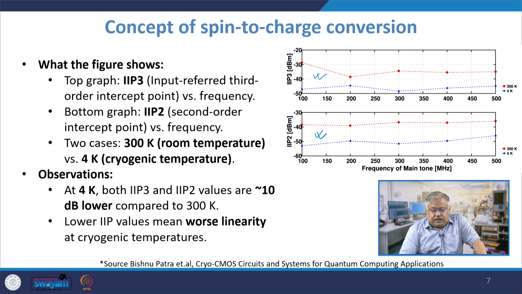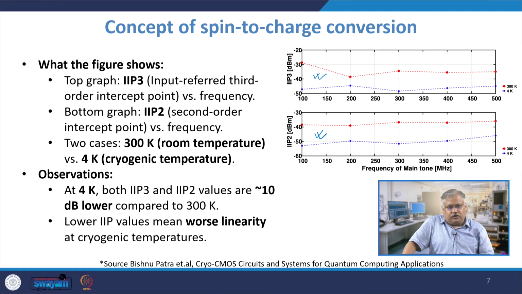What has happened is that as you go on reducing the temperature, the non-linearity issues become much more prevalent, and therefore worse linearity is obtained at lower temperature, in the range of around 4 Kelvin.